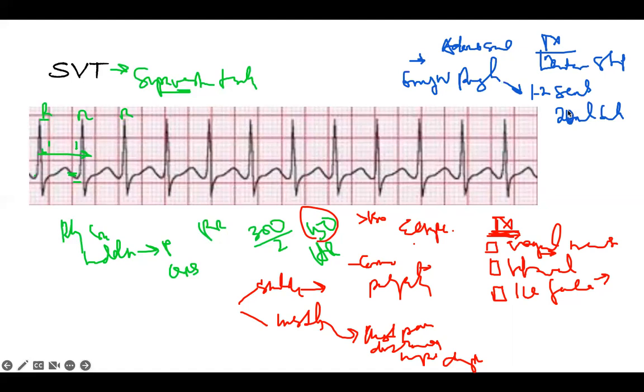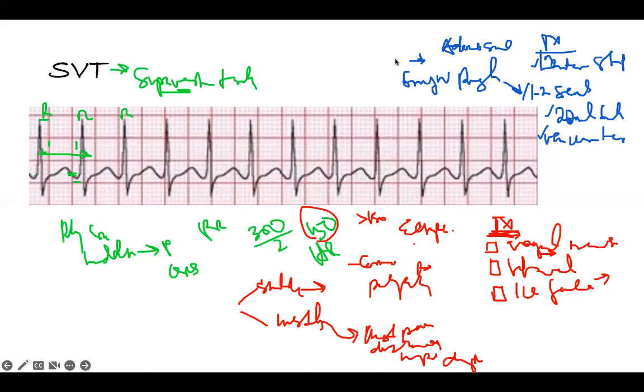And you have to choose a vein that is closer to the heart. These are SATA questions you should expect: telling them their heart is going to stop, IV push over 1 to 2 seconds, 20 cc of IV flush, 6 milligrams of adenosine, and a vein closer to the heart. It's very, very important that they know.